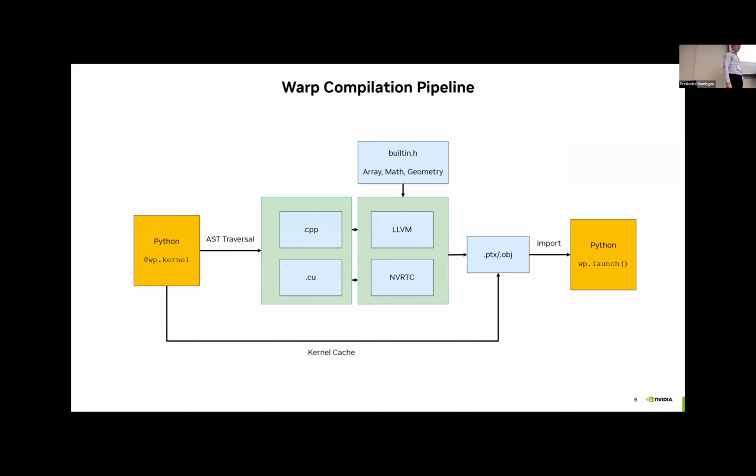Just to give a brief overview of how the compilation pipeline looks. When you write WARP code in Python, we analyze the AST, the abstract syntax tree. Then we generate C++ or CUDA code. And this then gets compiled using NVRTC. So it doesn't even need the CUDA toolkit to be installed. It's just using the NVIDIA driver to generate PTX or cubin, and then you can launch this.